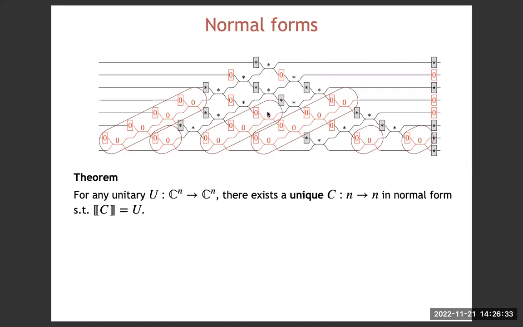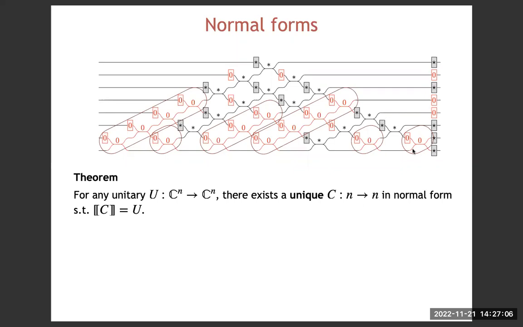But if you have a 0 on the beam splitter, you have this structure. And this extra property actually guarantees the uniqueness of the representation of a unitary transformation using these quantum circuits, these optical circuits. So now, with this extra property, for any unitary transformation U, there exists a unique normal form which is representing U.